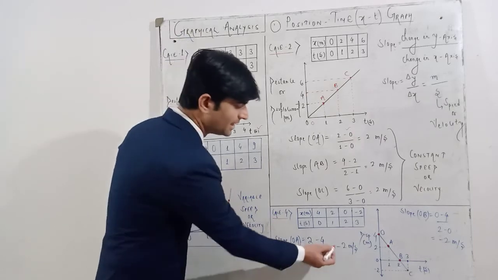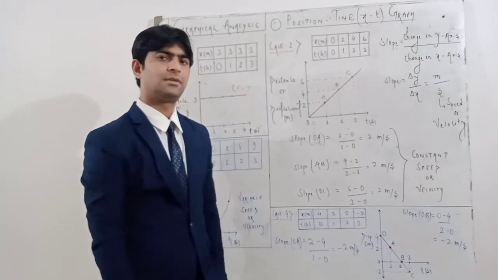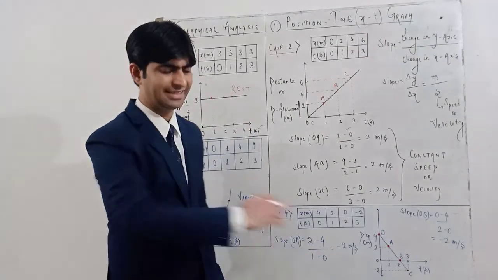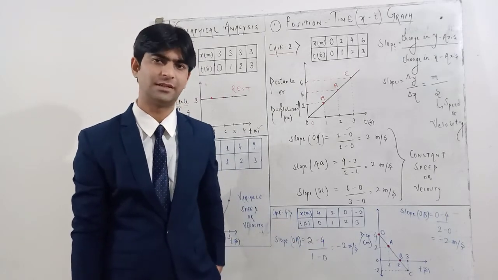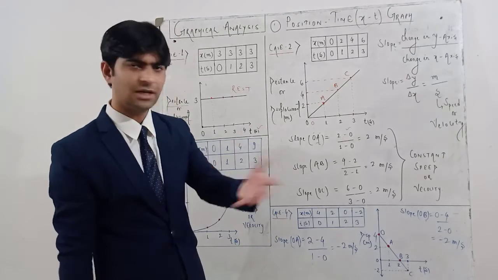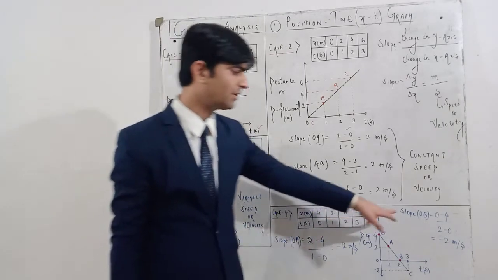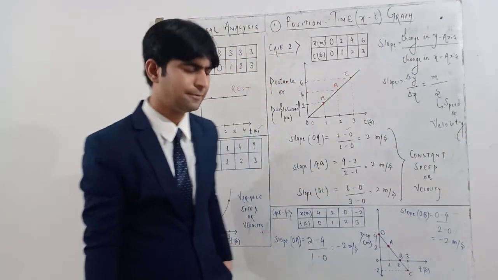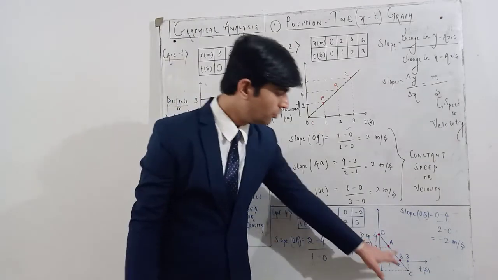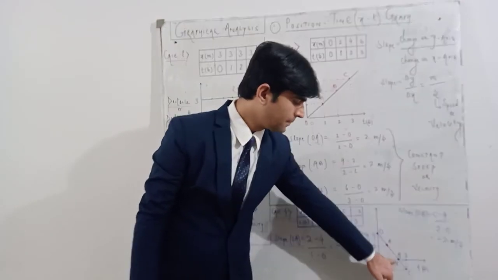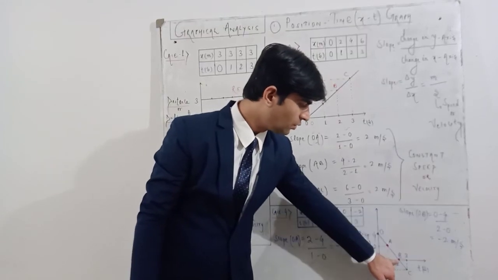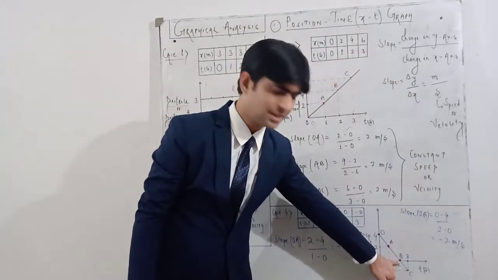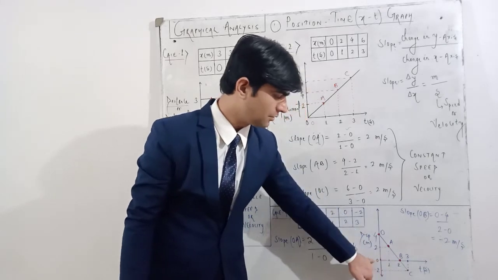Now this minus sign indicates that the graph is decreasing and you are getting a negative velocity, minus 2 meter per second. Again, you calculate for any other section, you may calculate. I have calculated again for OB. If you calculate for OB, this section O to B, B is the final point, O is the starting point. What is written on y-axis with respect to point B? 0.